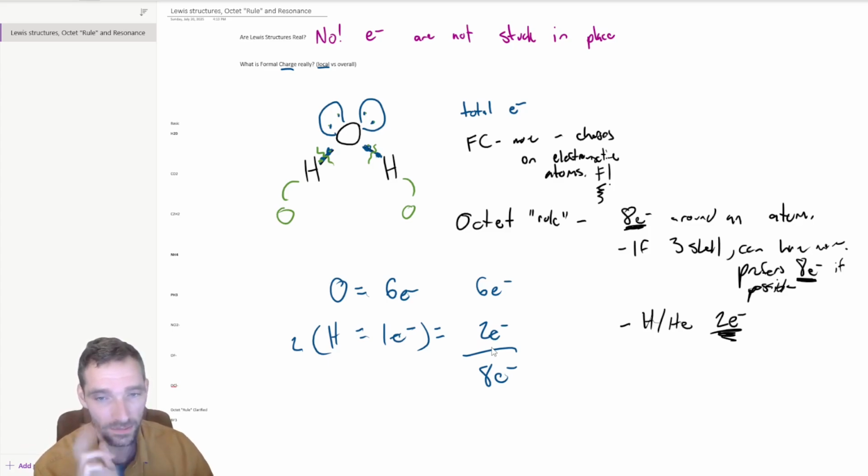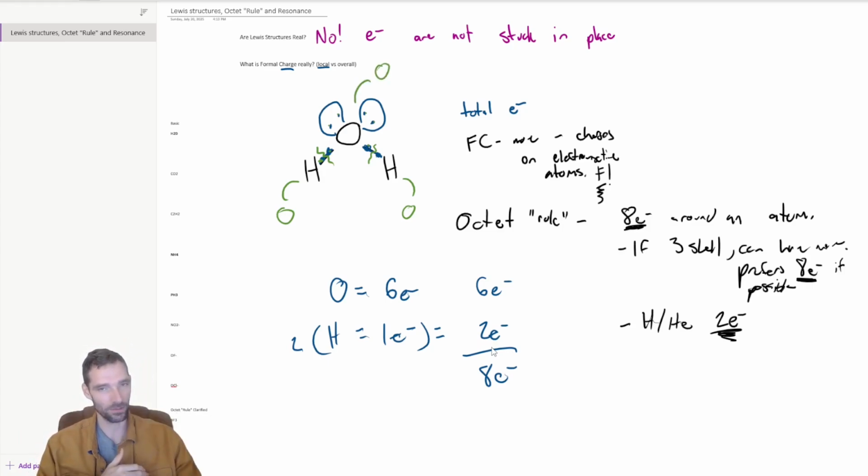So if we look at its formal charge here, it would have a formal charge of 0 because oxygen has 6 protons in it. So if it has access to 6 electrons, its formal charge is 0. These are not the actual charges because the electrons aren't split 50-50, but we're trying to have there be a formal charge of 0 if possible.